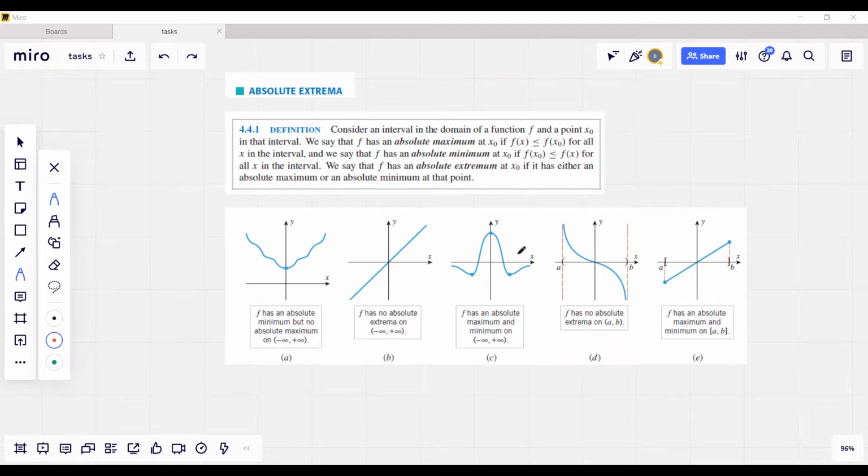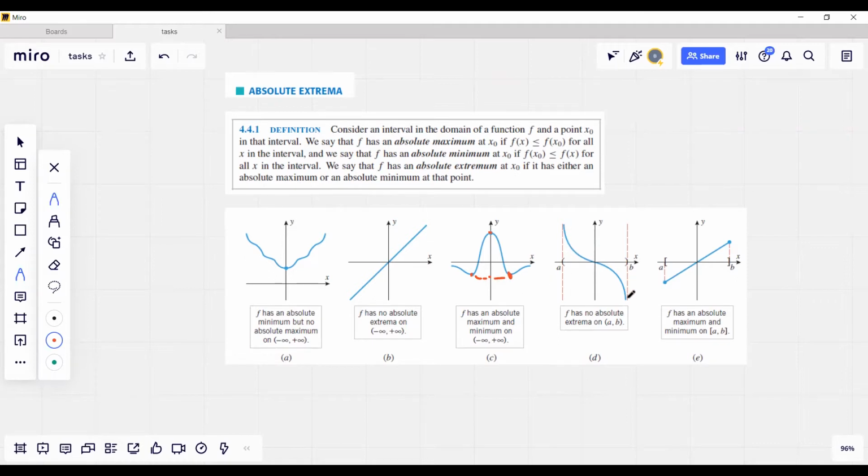In this case, we can see that our function has both absolute minimum and maximum points on the interval from minus infinity to plus infinity. So here is our absolute maximum point. Those 2 points here, if they have the same value of the function, correspond to absolute minimum points.